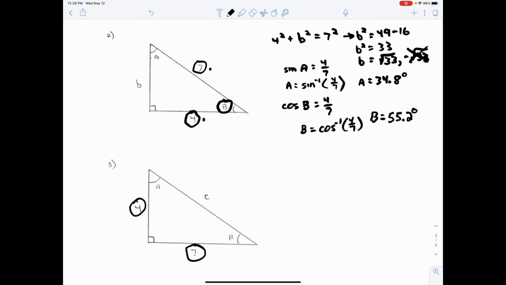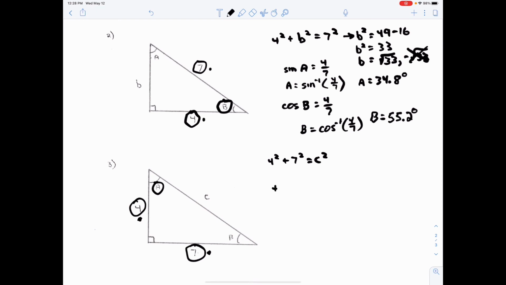Okay, so let's write 3 equations. We're going to have 4 squared plus 7 squared equals c squared. That's the Pythagorean theorem. Now let's find angle A. Relative to A, this is the opposite, and this is the adjacent.